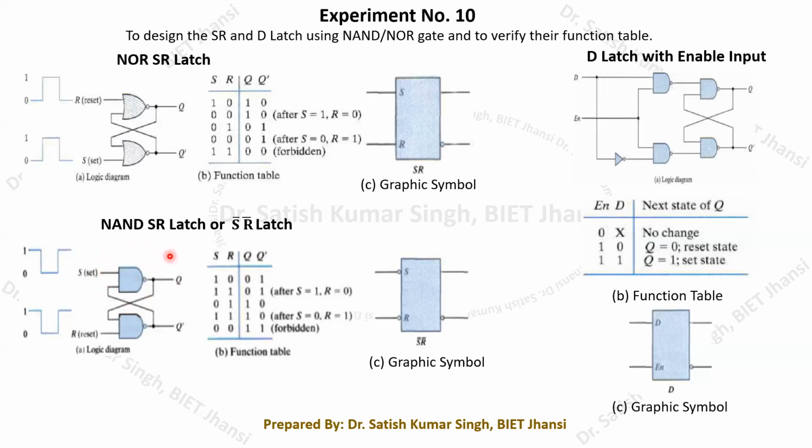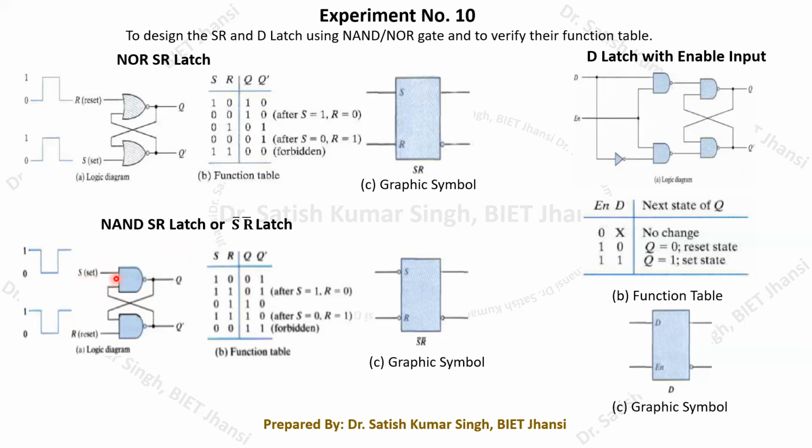It is A dot B whole bar. So whenever one of the inputs to this NAND gate is 0, the output is going to be 1. So basically, that's why we have made this a set condition.